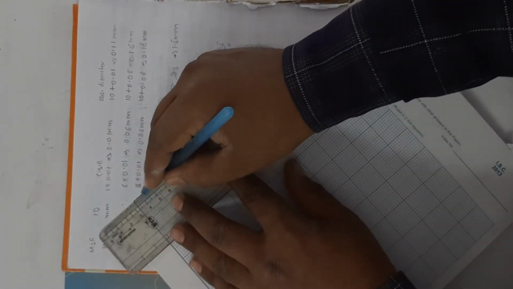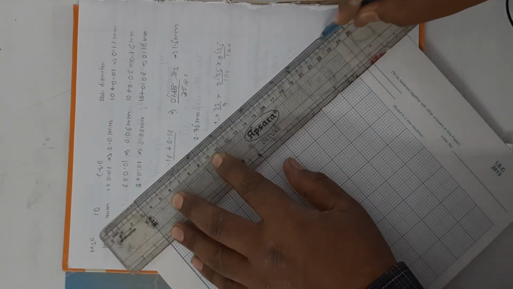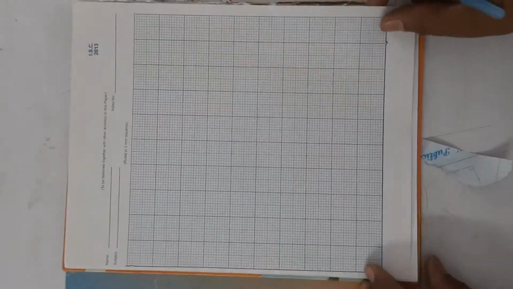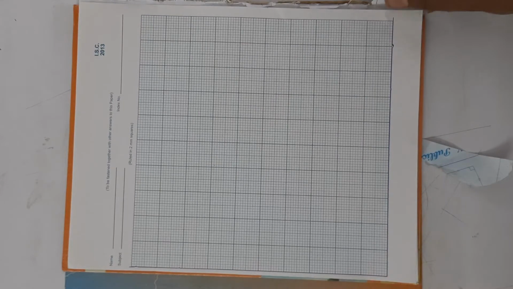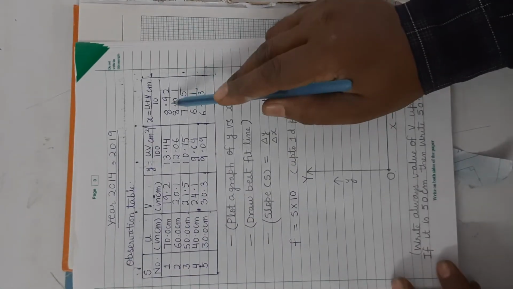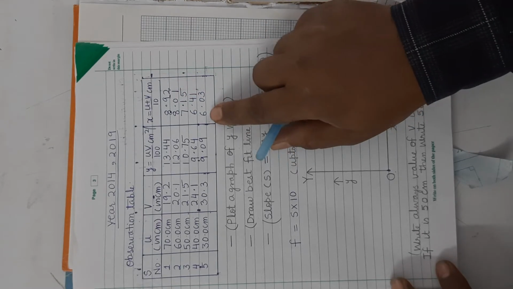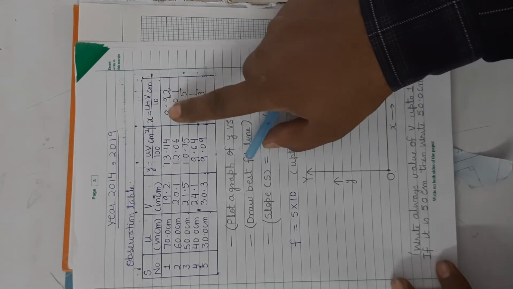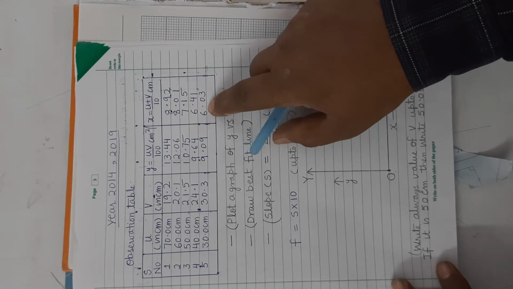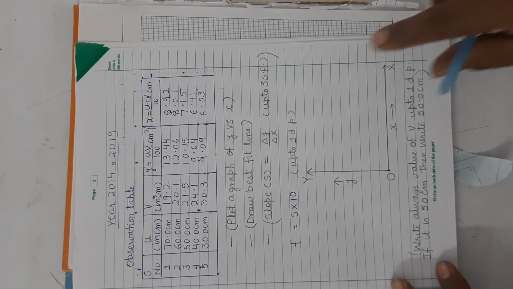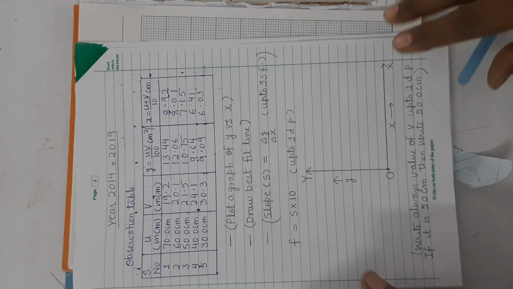And how will you choose the scale? You will select the scale in both the sides in such a way that the values of x and y are covered. Here value of x begins from 6.03 to 8.92. So you can take from 6 to 9. मतलब 6 से 9 तक तुमको मिलना चाहिए.